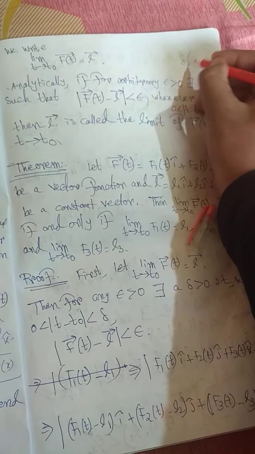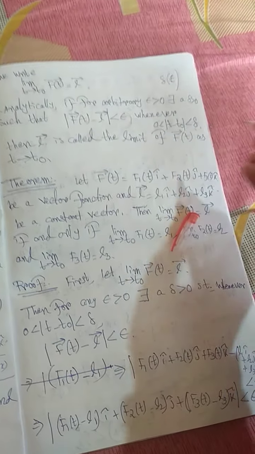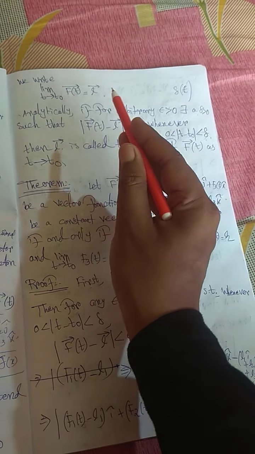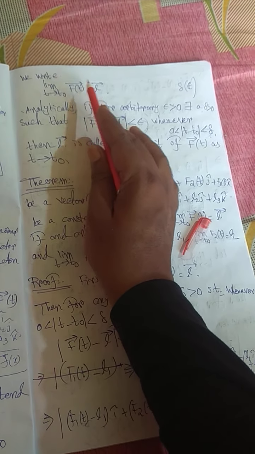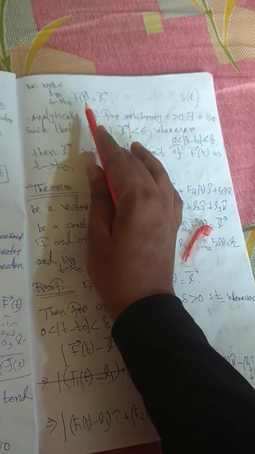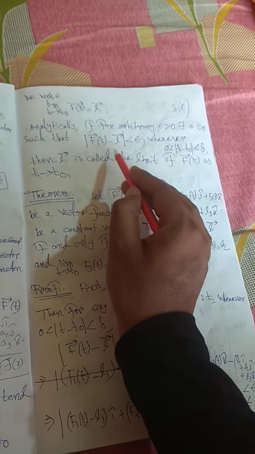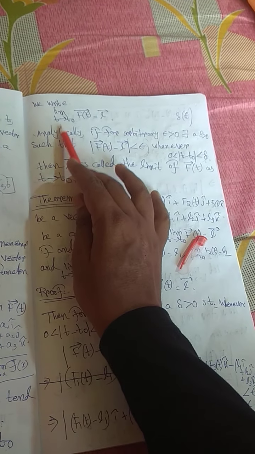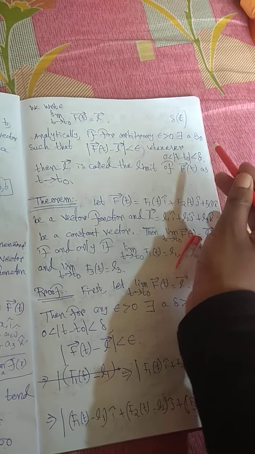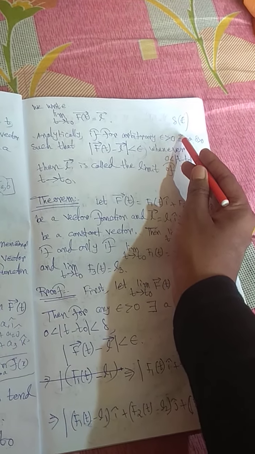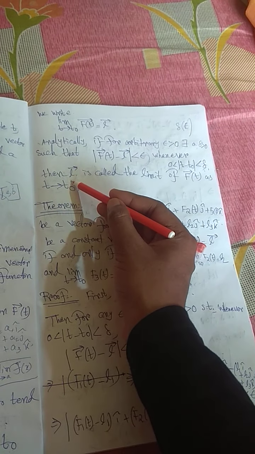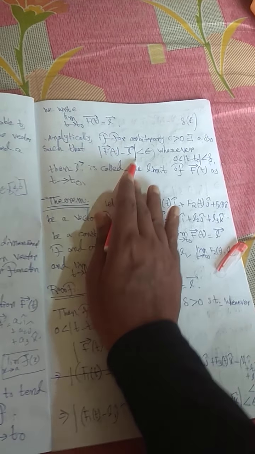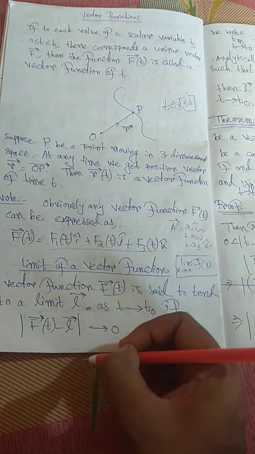That means delta is a function of epsilon. So the difference between the function and its limiting value is less than epsilon whenever the difference between t and t0 is less than delta, where delta depends on epsilon. Then this vector is called the limit of f(t). So this is in the perspective of analysis, and this is in the perspective of modulus calculation.